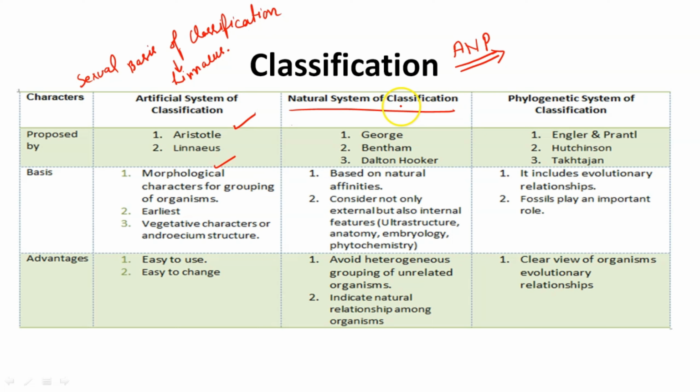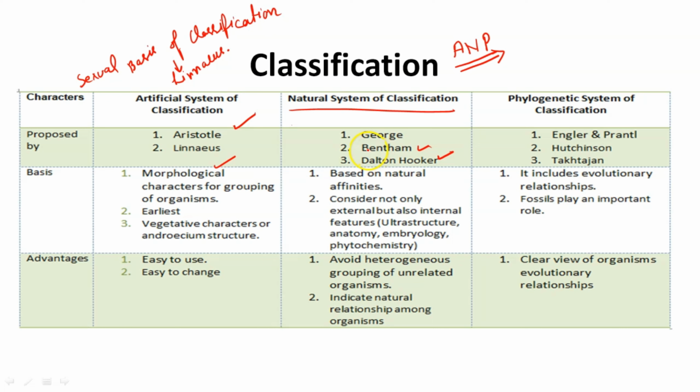We took morphological, anatomy, chemistry, and biochemistry characters in this, like which type of compounds are present in the tree. We also considered these types of characters. So it is the most accepted classification till now, and the most accepted natural classification was that of Bentham and Hooker, right?